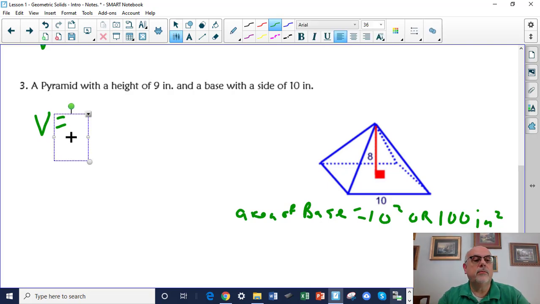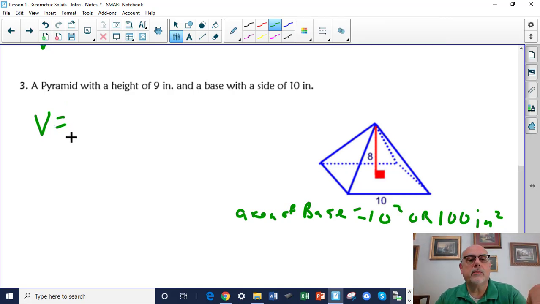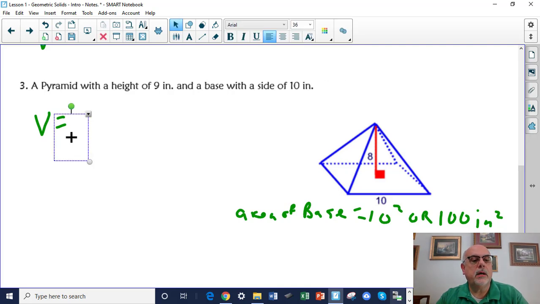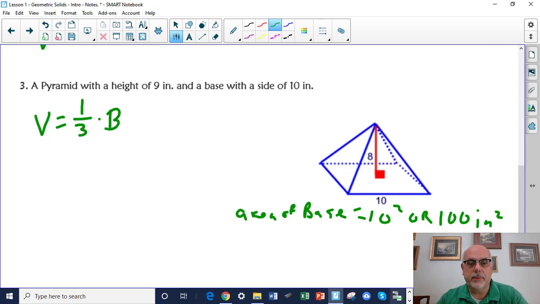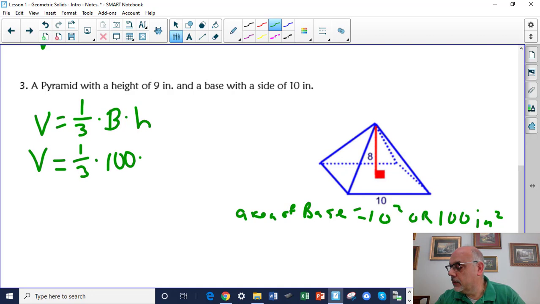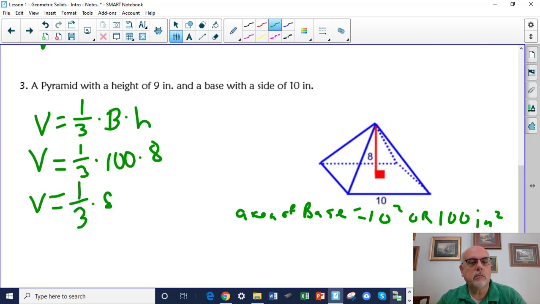So get in the habit of writing out your formula. So volume is 1/3 area of the base, capital B, times the height. 1/3 times 100 times 8. Let me get my calculator out.